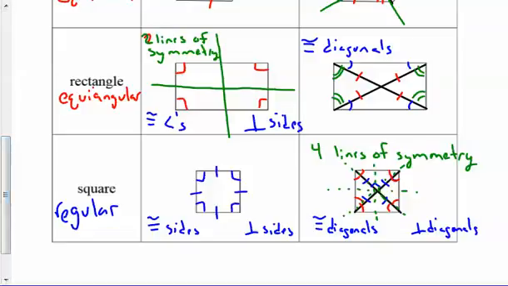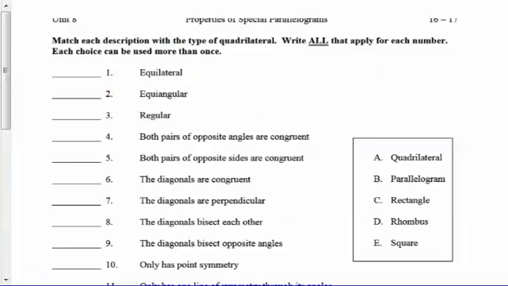And on the back page, we just do a little bit of practicing here. You want to write all that apply to each number, right? So if it's equilateral, well, I know that a rhombus is equilateral, so I'll say D. And a square is equilateral, so I'll also say E. Rectangles are not equilateral.